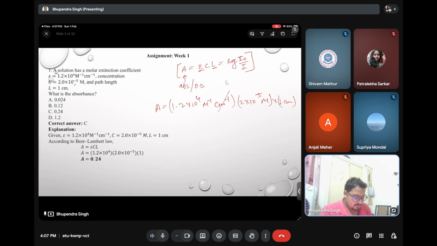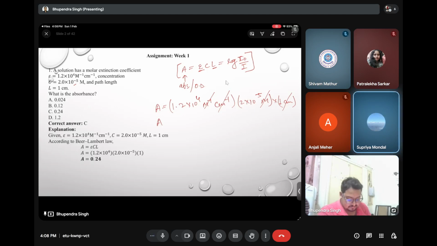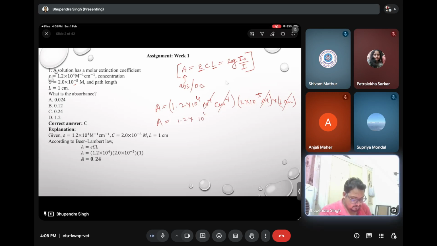What will be the unit of the absorbance? Any one of you? Unitless, yes. So 1.2 times 10 to the power 4 into 10 to the power minus 5 into 2.